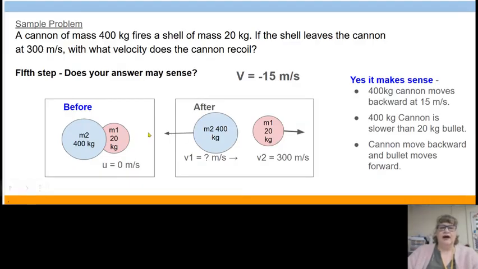The cannon's going to go the opposite direction as the cannonball. The 400 kilogram cannon is slower than the 20 kilogram bullet. That makes sense, right? The bullet has a lot less mass, so this is going to move faster than the larger mass. Cannon moves backward, bullet moves forward. Okay. So yes, it makes sense.